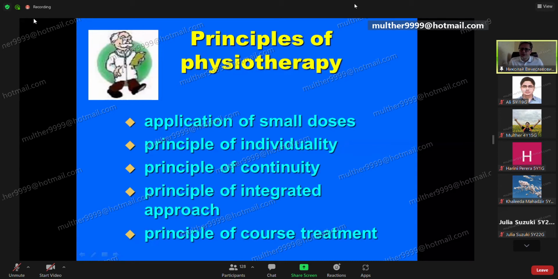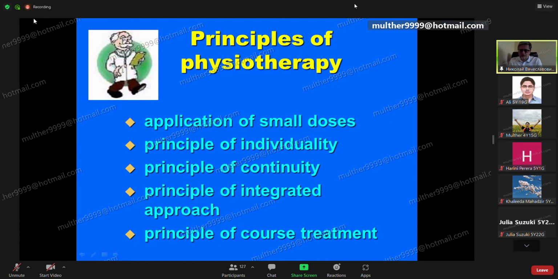It helps to avoid harmful effects and allows us to maintain the satisfaction of patients with our treatment.